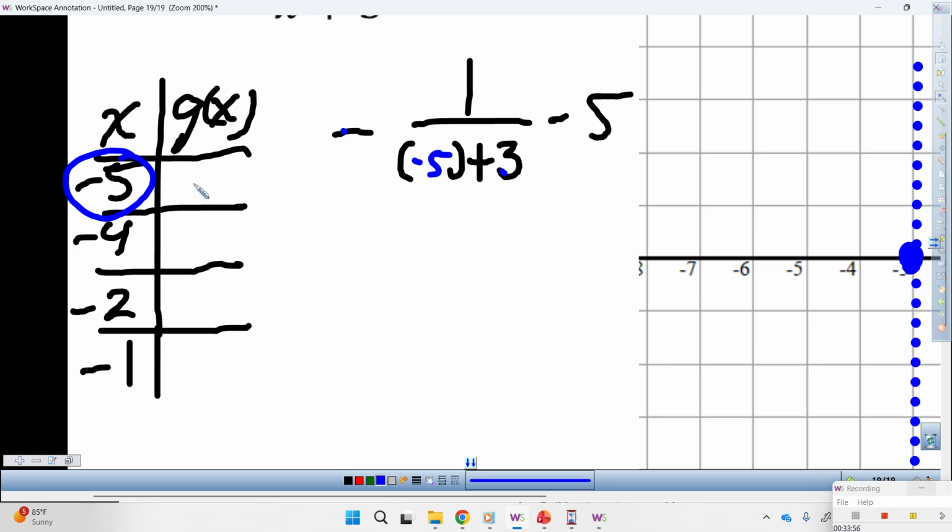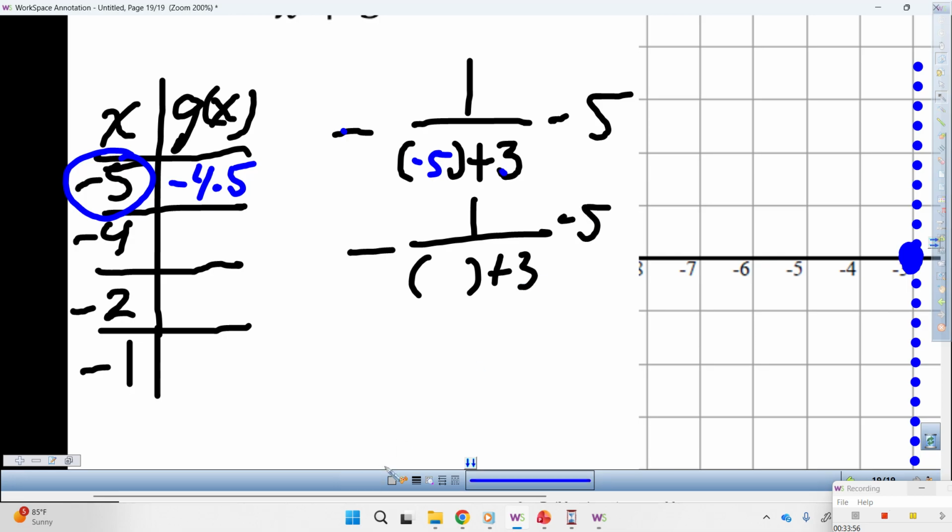So negative 5, positive 1/2, that's negative 4.5. Next value, negative 4. Negative 4 plus 3 is negative 1, is that correct? Times the negative becomes a what? Positive. So 1 over 1 is 1 minus 5, that is positive 4.